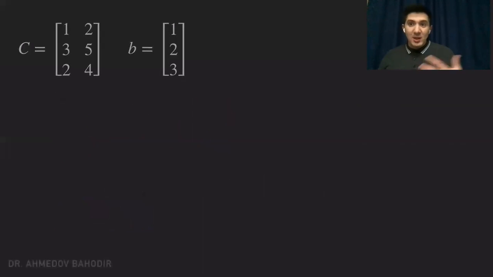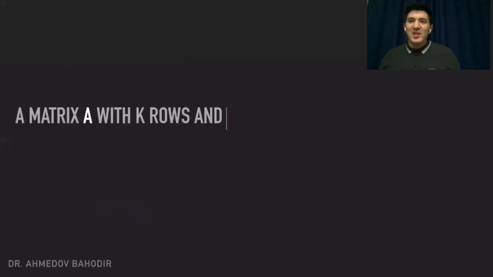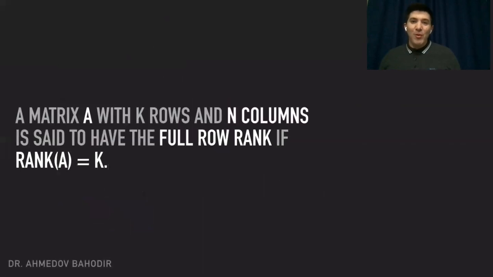But again, there is a second type of special matrices, which are called full row rank matrices. So what does it mean? If you're given a matrix A with k rows and n columns, then the number of pivots is going to be equal to the number of rows.